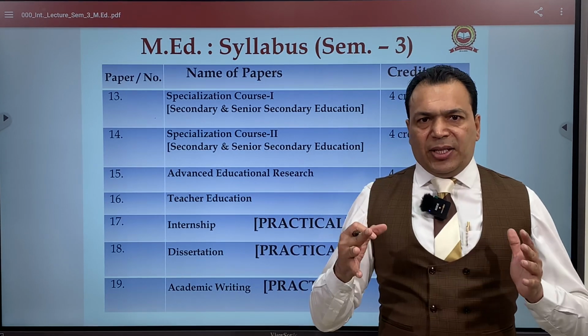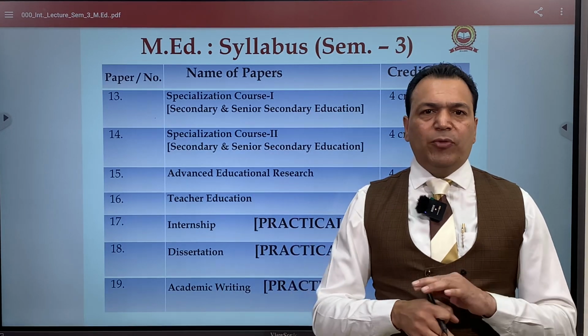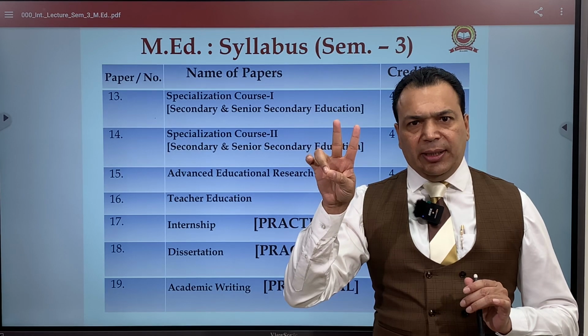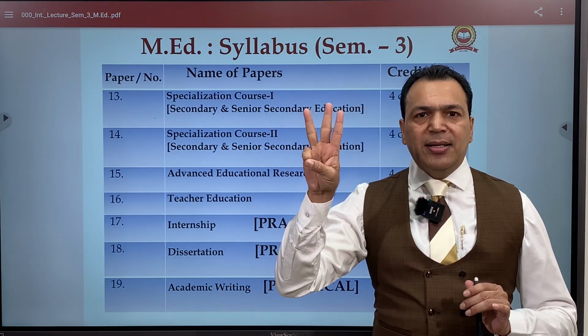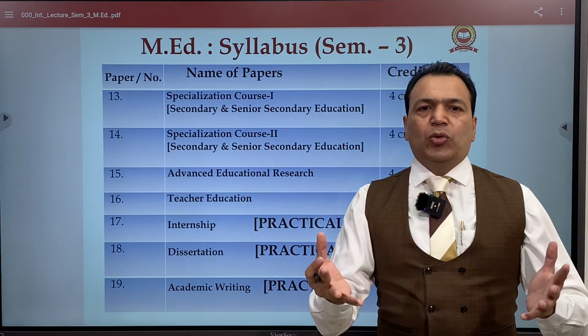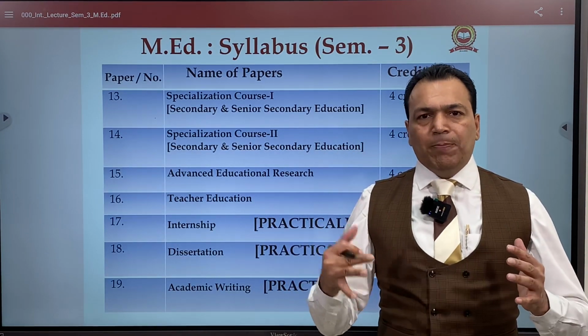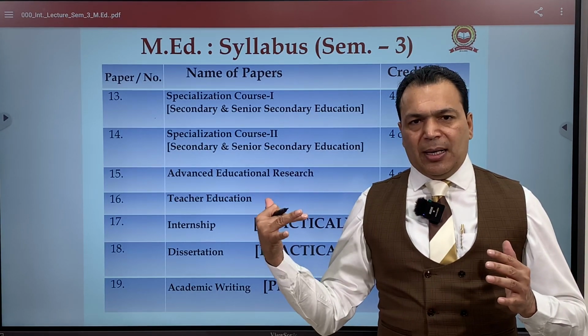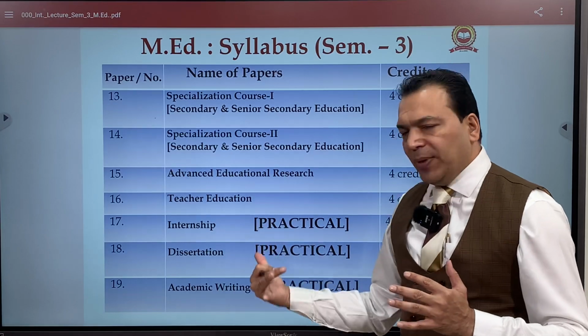So guys, in the dissertation, I have already mentioned you have to make 3 chapters. One is the introduction, one is the review of related literature, and the third is method and procedure, right? So first I will advise all of you to start making these 2 files, academic writing and the teacher internship file, right?